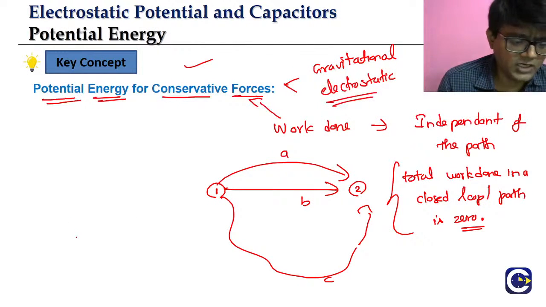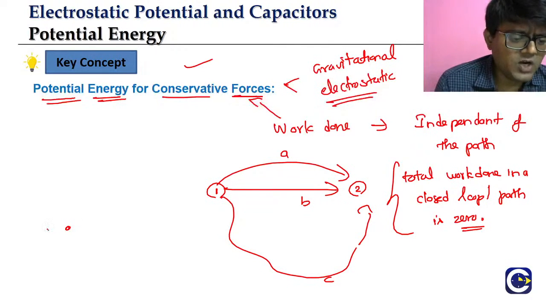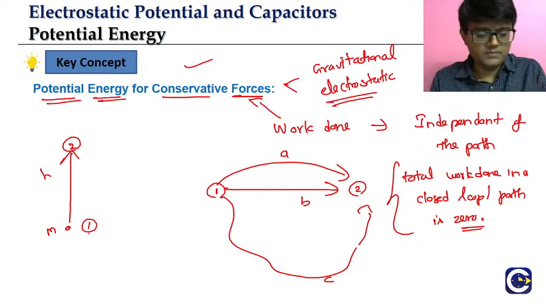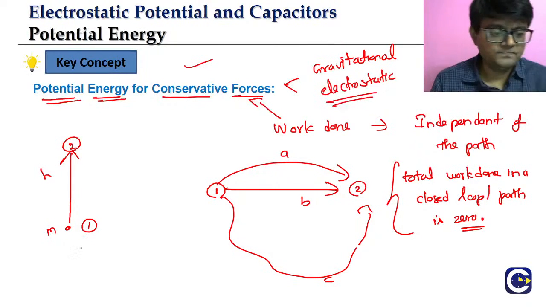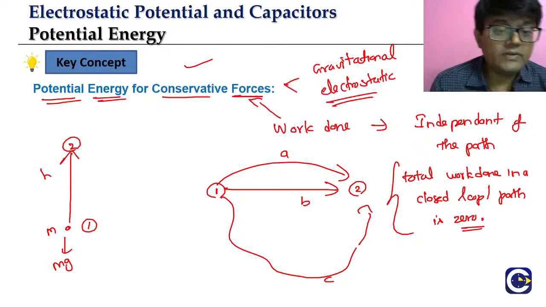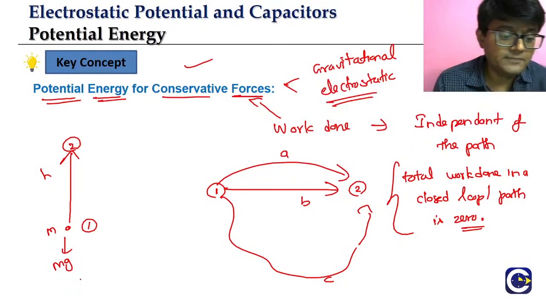Let's look at first of all gravitational force. Okay, so we have an object of mass m. From point 1 we are taking it to a height h, to point 2. Now what is the gravitational force acting on that object? mg, it will be downwards.